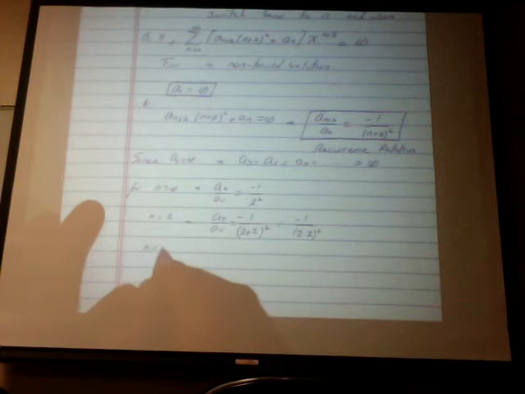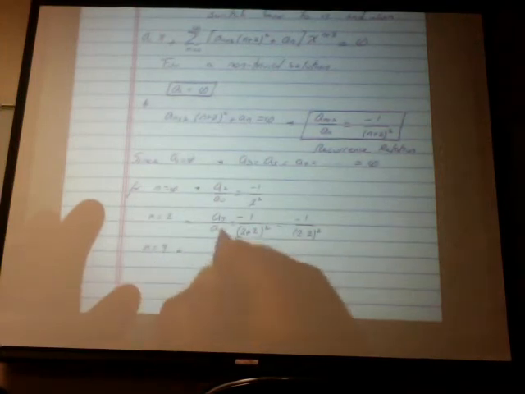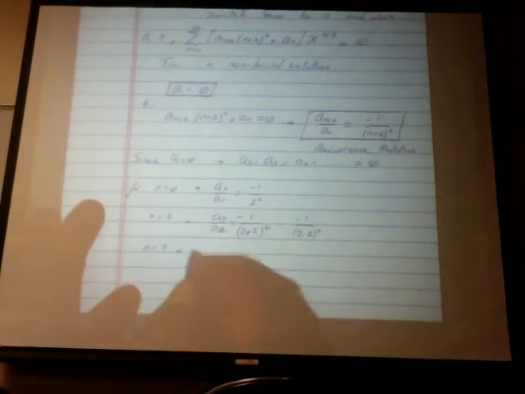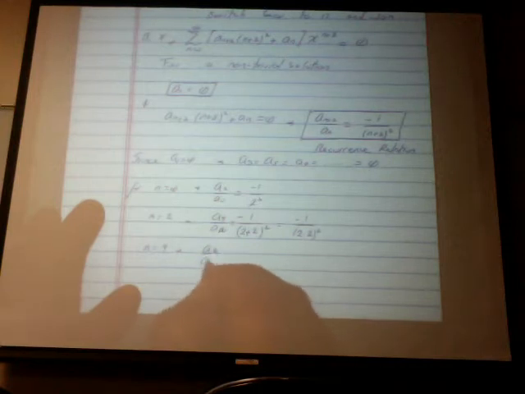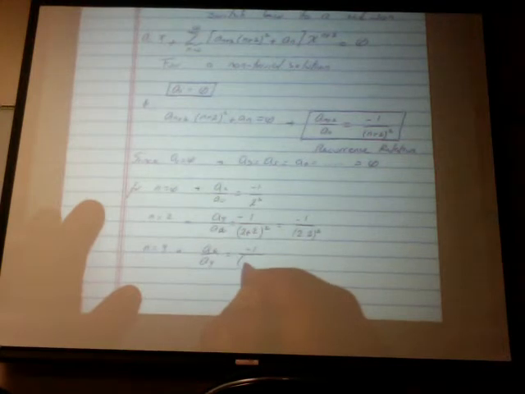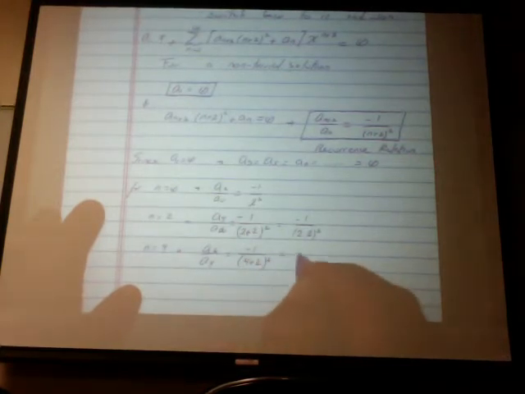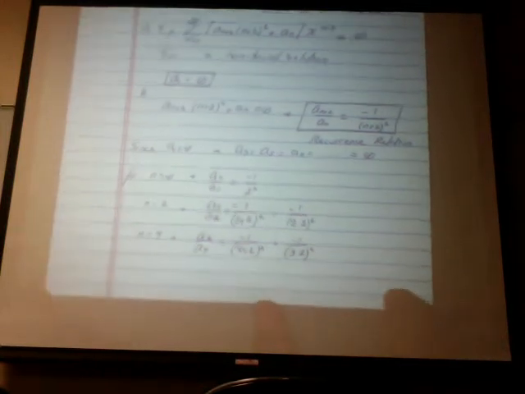When n is equal to 4, we have a6 over a4 is equal to minus 1 over 4 plus 2 squared, which is equal to minus 1 over 3 times 2 squared.